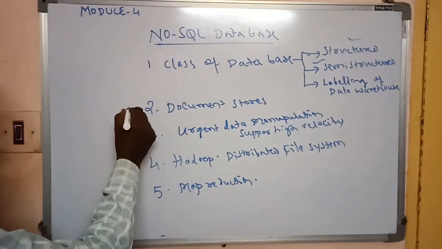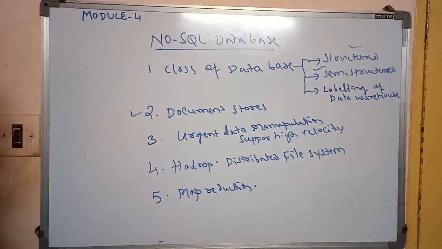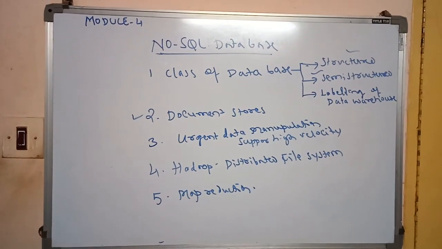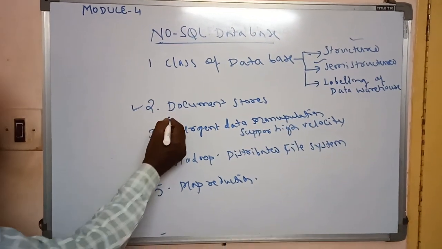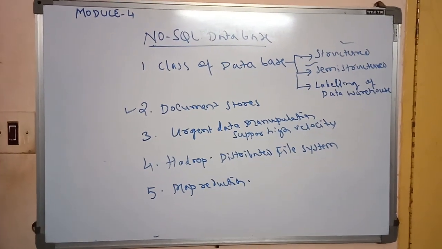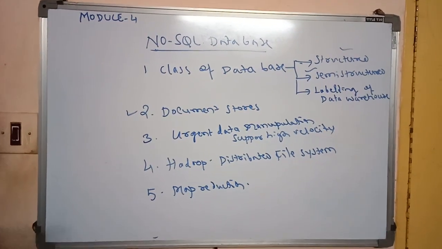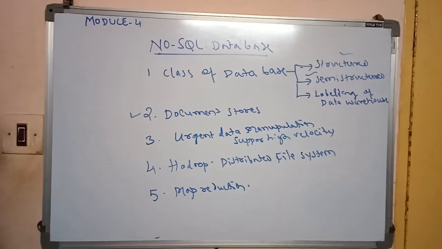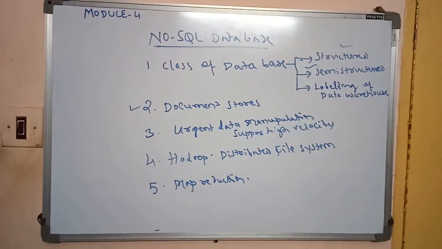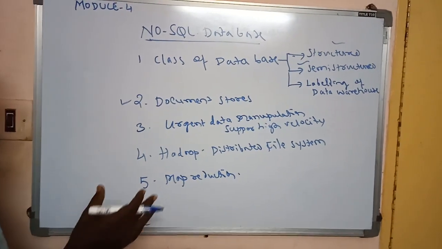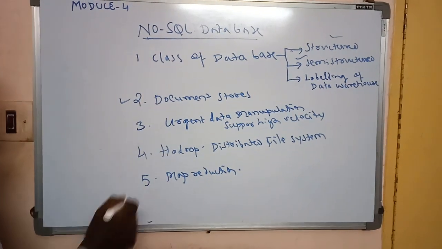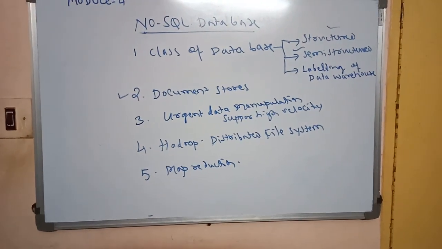And another important tool for big data analytics in NoSQL databases is document stores. It reserves a huge amount of memory to store the information. A big reservoir is there. It is one of the major advantages of the NoSQL database.